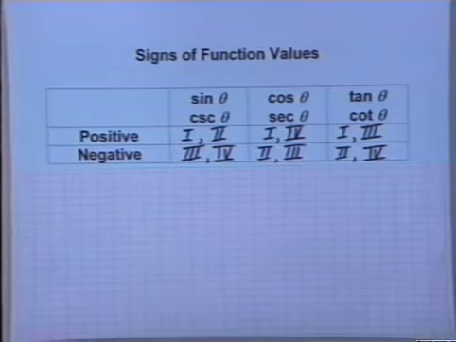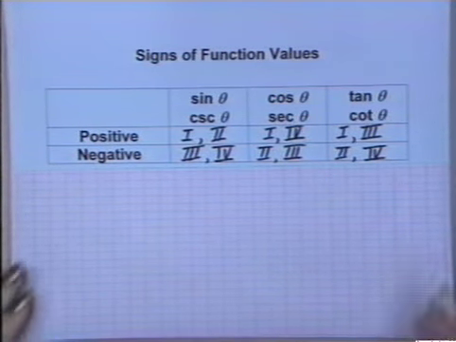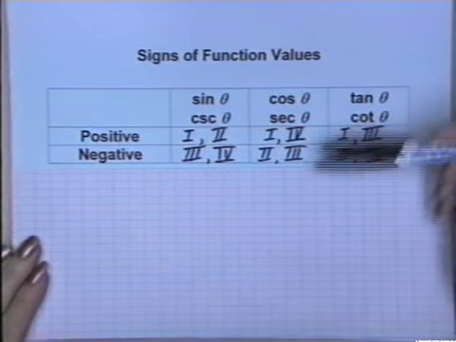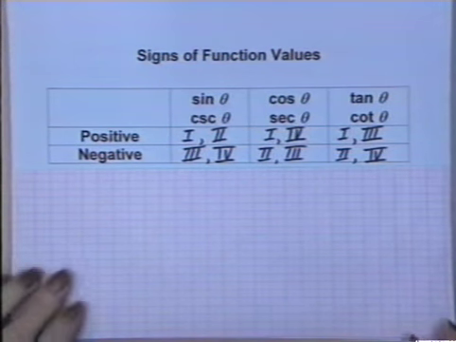So it's important for you to learn these signs in terms of the quadrant, but also in terms of the function. And so that's why I put it in a table like this, so that you would think of it in terms of the function.